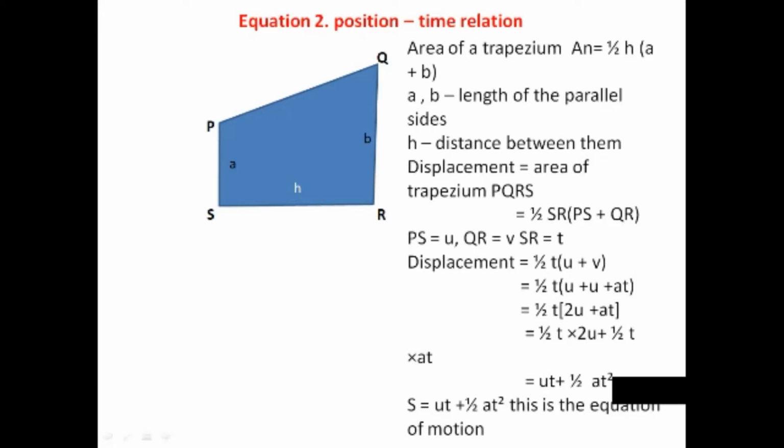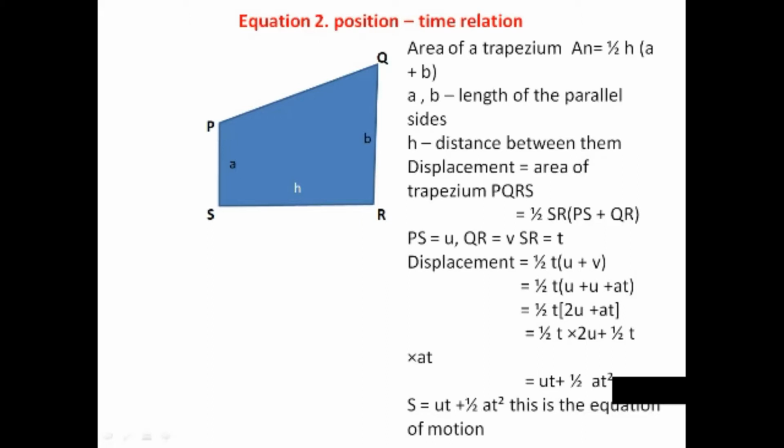We have to substitute these sides. With A and B the lengths of the parallel sides and H the distance between them, the displacement is equal to the area of trapezium PQRS. We want to find the displacement, and for that we find the area of the trapezium we got from the graph.